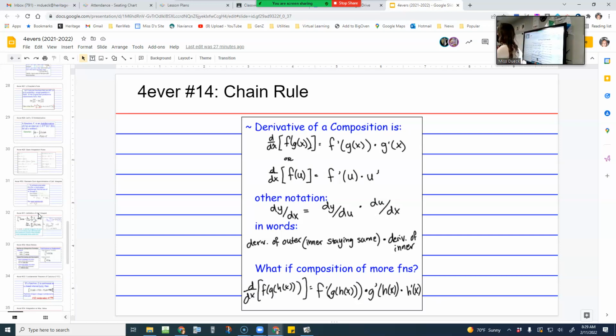Hezekiah, if at a critical number, the derivative changes from negative to positive, what kind of relative extrema must be happening there?